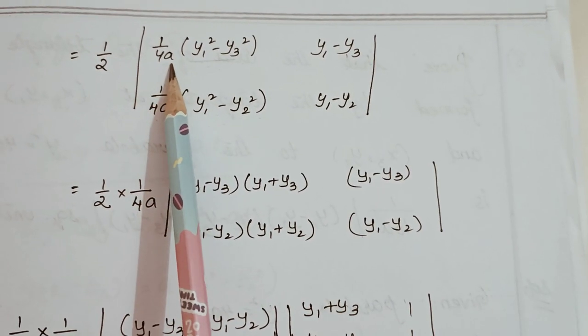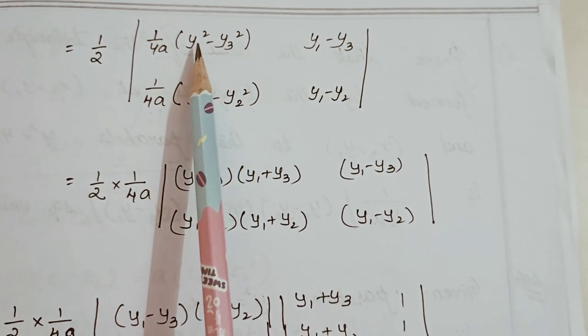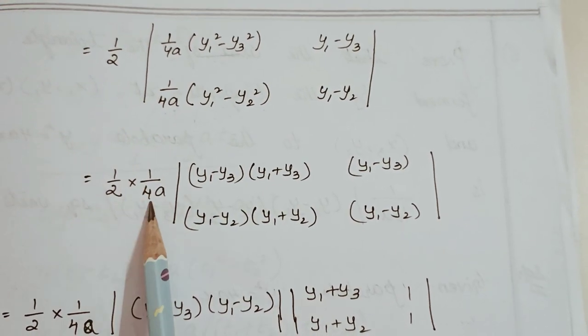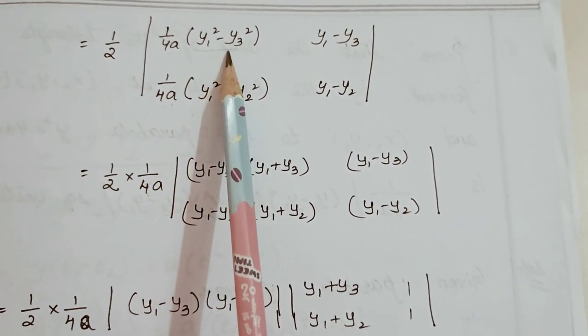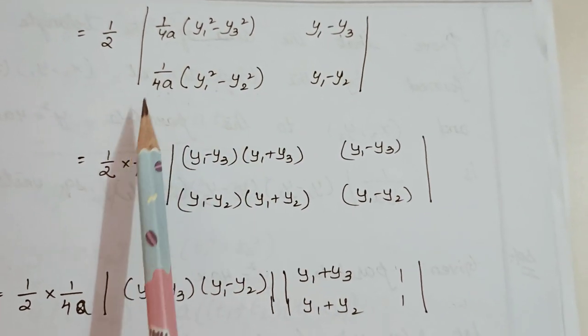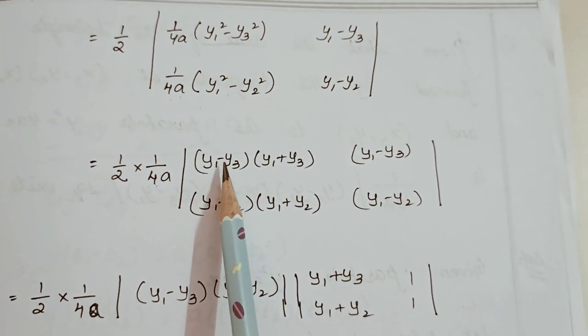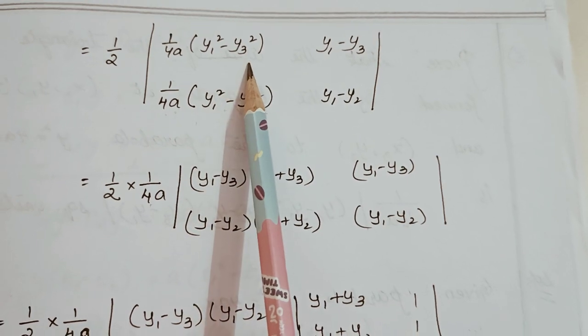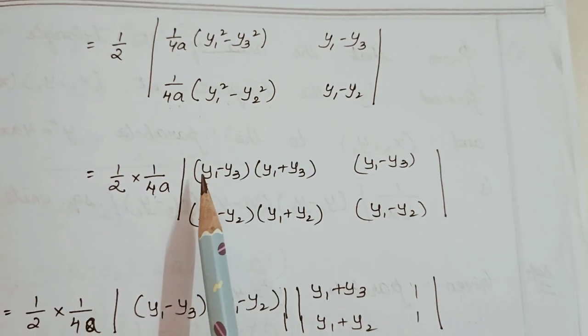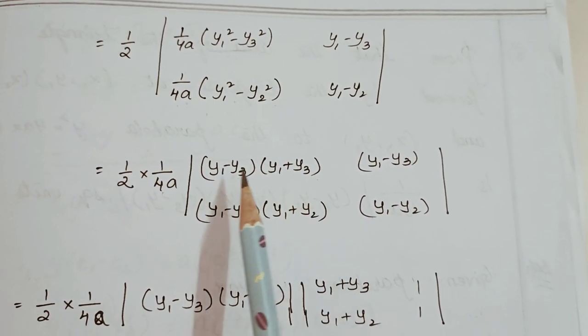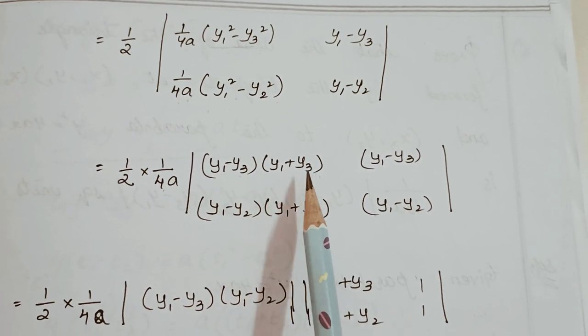Now take this 1/4a common from the first column, and taking 1/4a common from the second column. So it is in the form of a² − b², which is nothing but (a − b)(a + b). That is (y1 − y3)(y1 + y3).